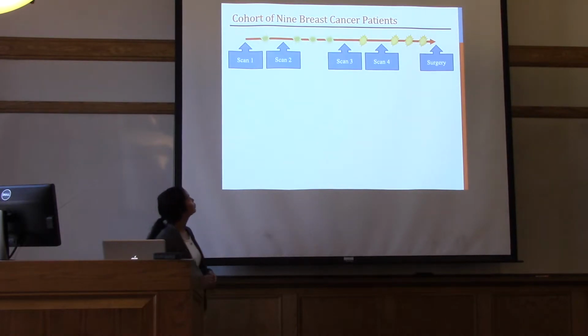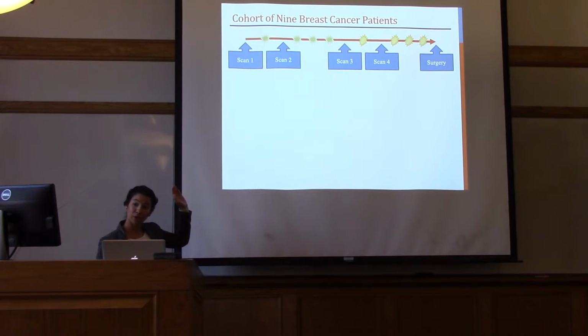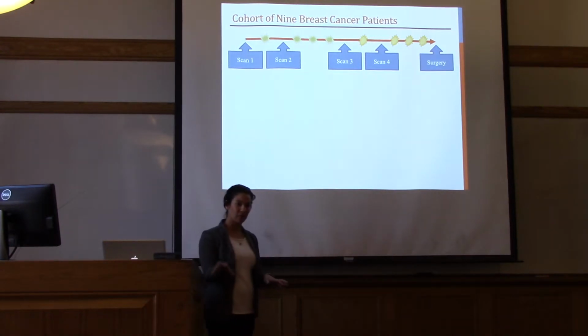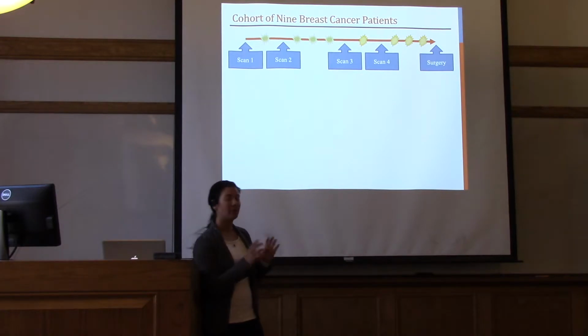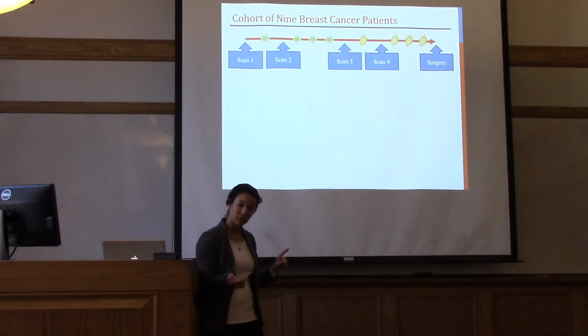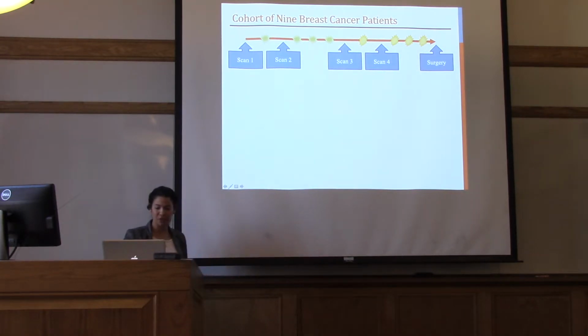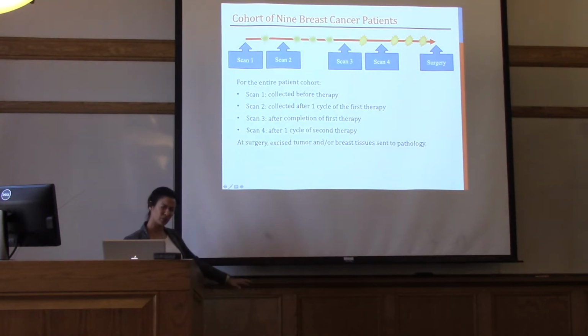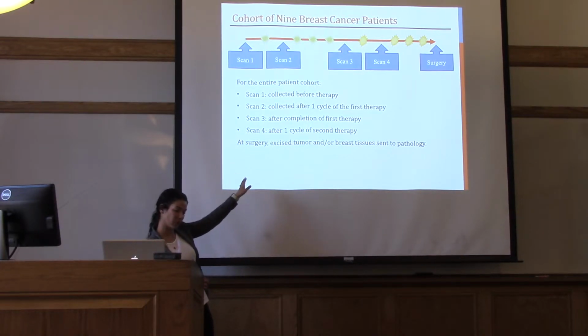And for these 9 patients, this is basically the scanning schedule along with their therapy. So standard of care for most breast cancer patients is to have 2 different therapy regimens followed by surgery. So that's what the 2 different colors are. So what we did here is for scan 1, this is before any therapy. Scan 2 is after the first cycle of the first therapy.